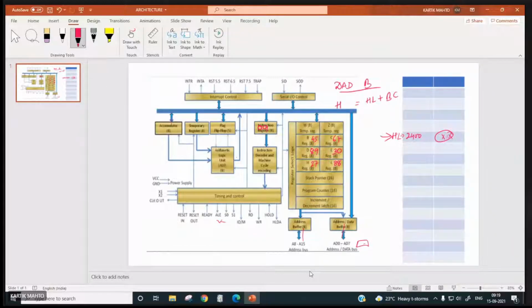In the HL pair. So how will it be done? Logically, this HL and BC has to be added. First of all, L and C will be added, and the result will be stored in L. And if carry is generated, then H plus B will be added, and the result will be stored in H.